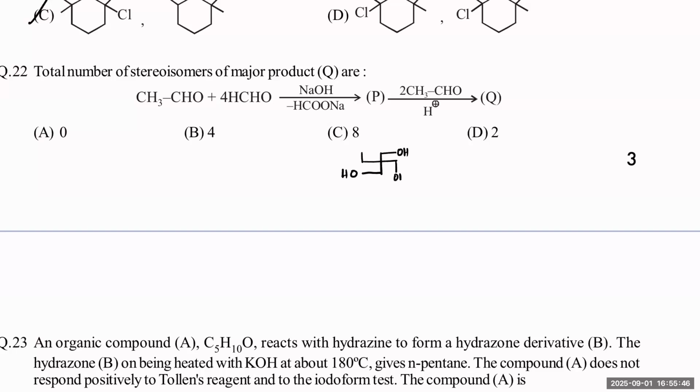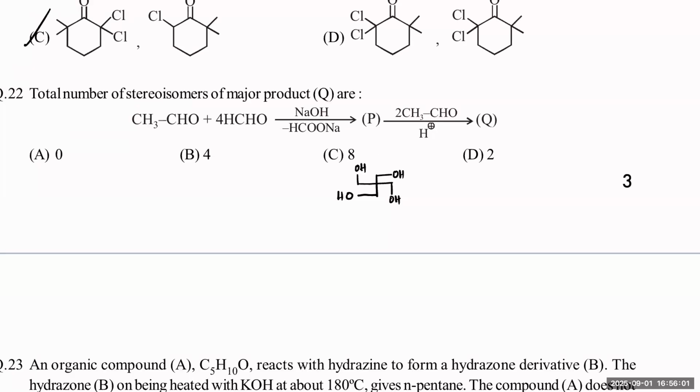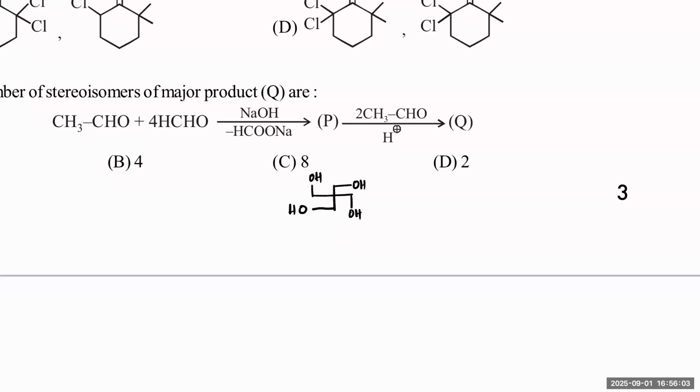Now, when you are reacting with 2 moles of this aldehyde, can you see this is very similar to glycol? So it can give an acetal formation. See, here, if you notice, there are 5 carbons in total: 1, 2, 3, 4, 5.